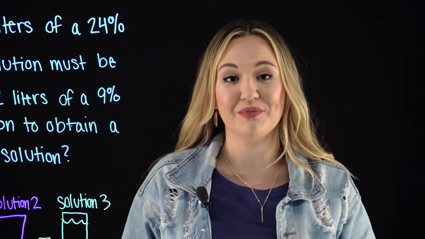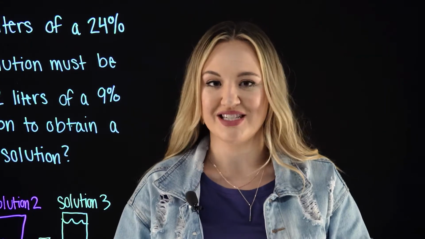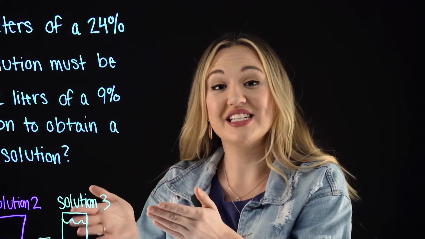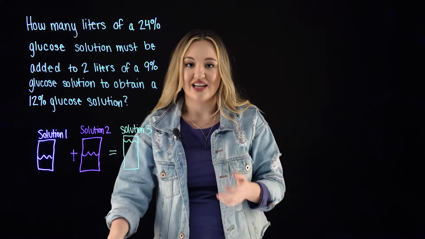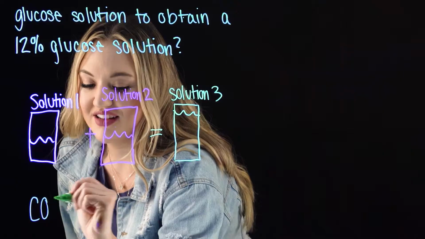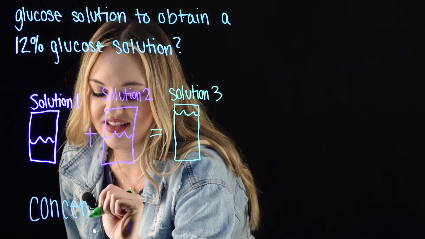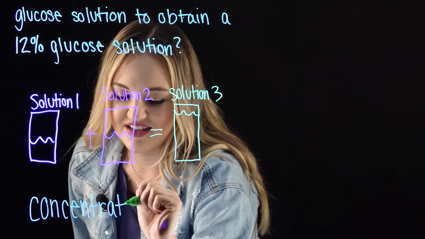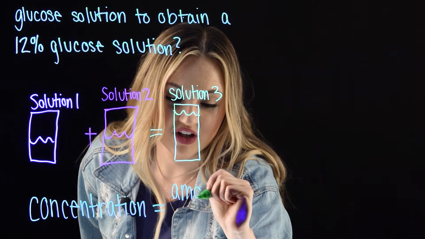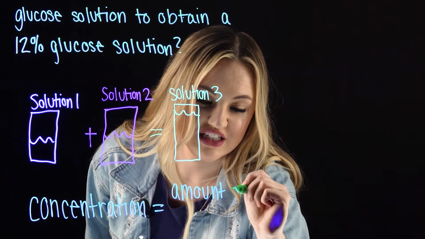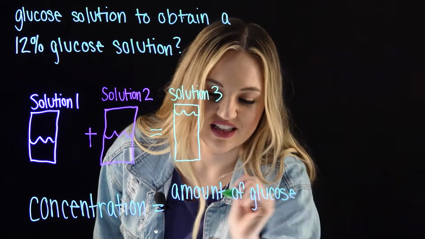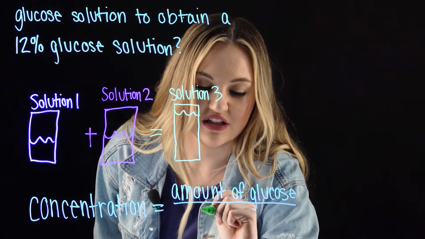Another thing to remember during mixture questions is that oftentimes it will ask you for a concentration or volume or amount of a substance in a solution. And an important equation to remember is that concentration equals the amount of your substance, which in this case is glucose, divided by the volume of the solution.